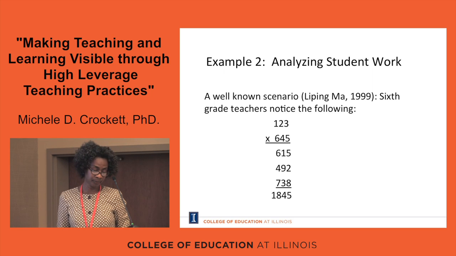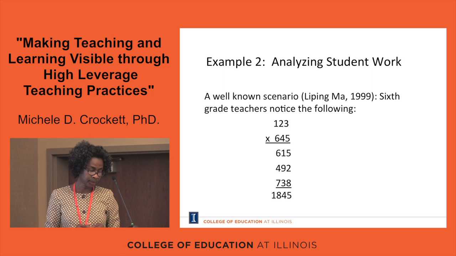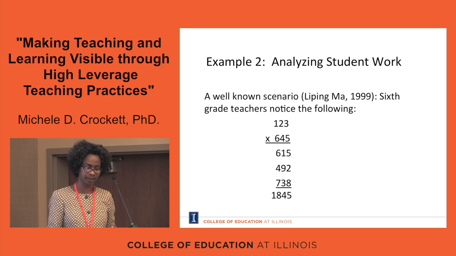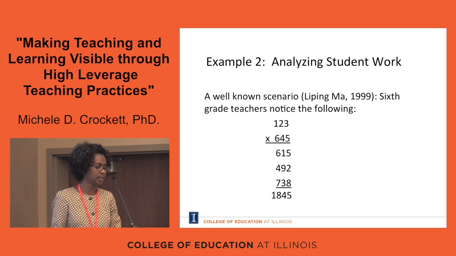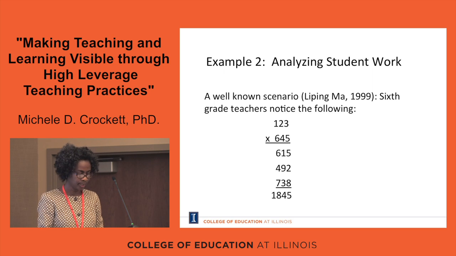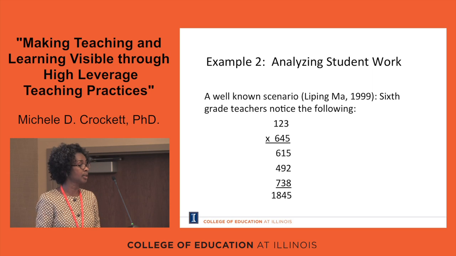problem. Now, speaking of place value, here is a situation where we have to assess after we teach. So I want you to pretend like you are in grade level teams. You're all sixth grade teachers, and you've agreed to administer the problem 123 times 645 to see if your sixth graders can do this multiplication problem.